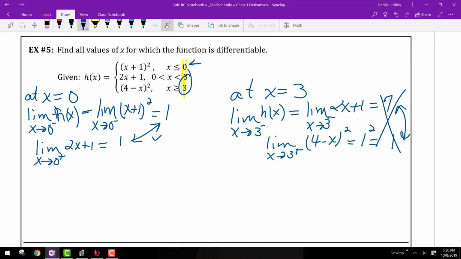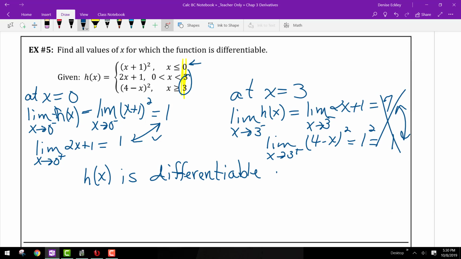So we can say that h of x is differentiable at negative infinity to 3 union 3 to infinity.